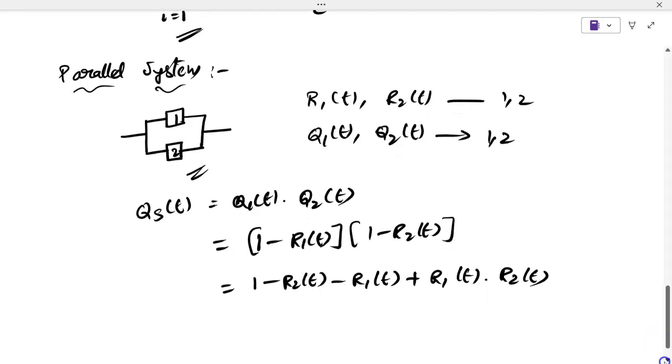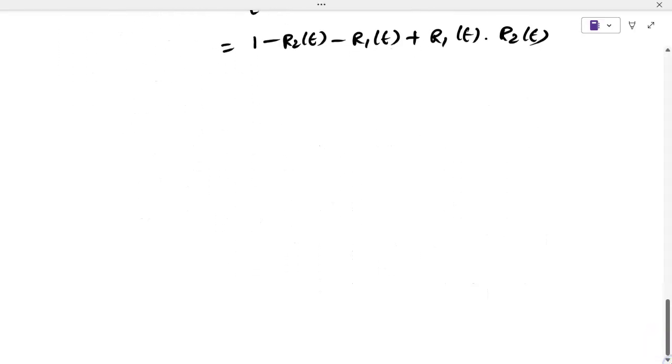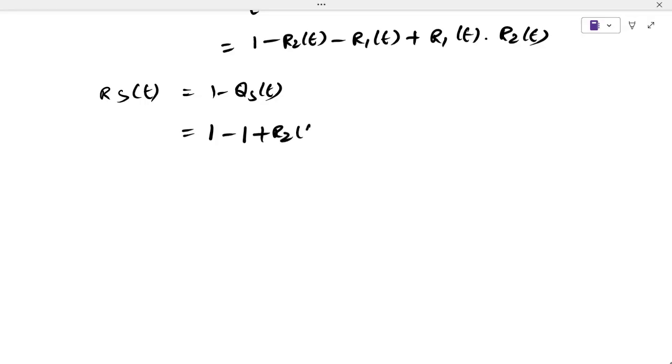Now finally what we need to calculate is Rs of t, not Qs of t. Rs of t is equal to 1 minus Qs of t, that is 1 minus of this, minus 1 plus R2 of t plus R1 of t minus R1 of t R2 of t.